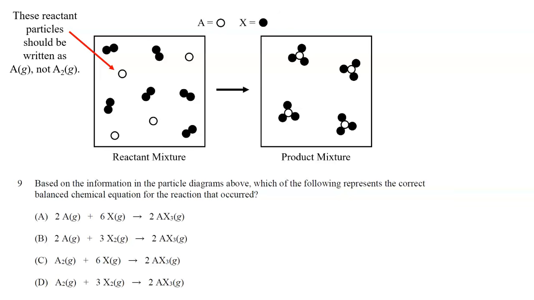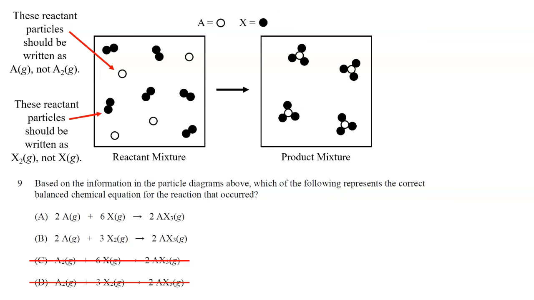So looking at our 4 choices, A, B, C, and D, we can eliminate choices C and D because they show the reactant as A2 instead of A. So I'm going to eliminate choices C and D. Now let's focus on substance X, represented by the black circles.